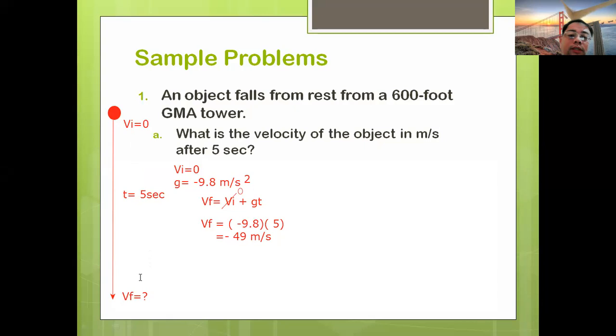It is because the direction is downward. Velocity is a vector, so anything that goes down, or to the left, is described as negative. So our first answer, V sub F, is equivalent to negative 49 meters per second.